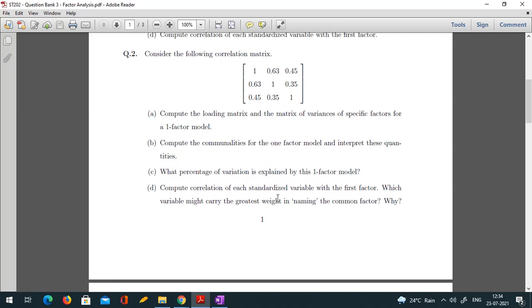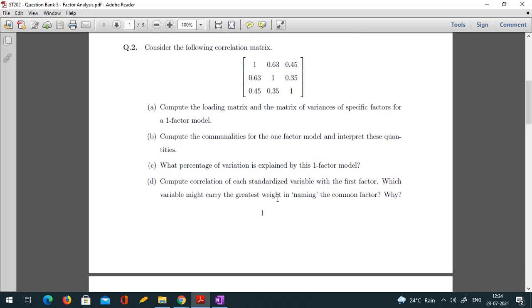Yes ma'am, but we can obtain the same factor model from Heywood's method as well, right? No, I don't think we have studied anything called Heywood's method. I have mentioned the Heywood case, that is the case when specific variances turn out to be negative. So does that happen here?